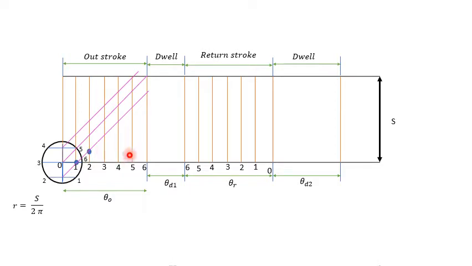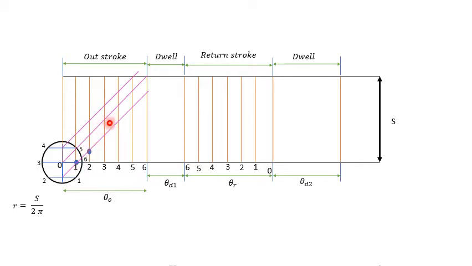I repeat, this line consists of 2 points 1 and 2 because we have drawn this line from the intersection of 1 and 2, correct? Therefore, wherever this line cuts the first vertical line and second vertical line, you mark those points as the first cutting point and second cutting point.